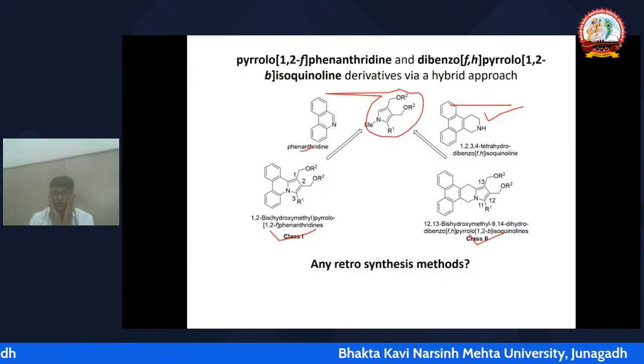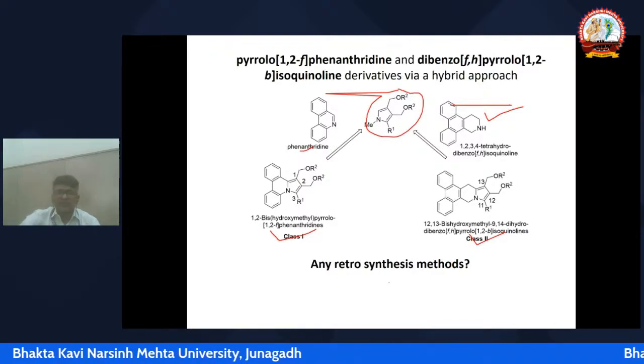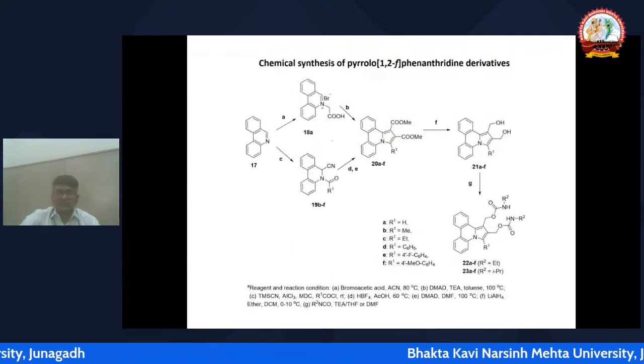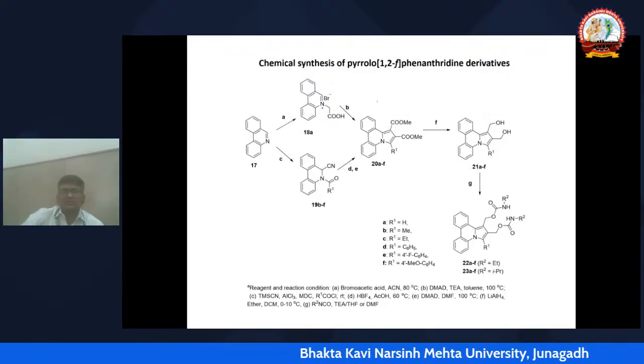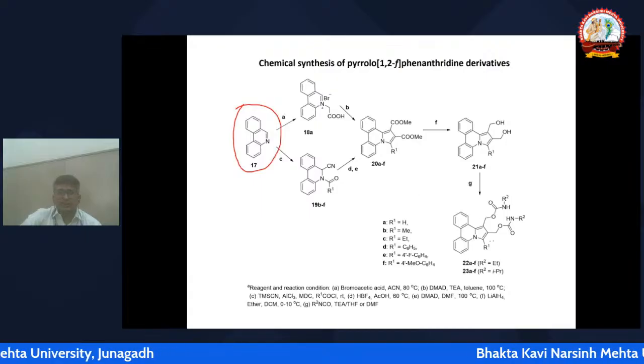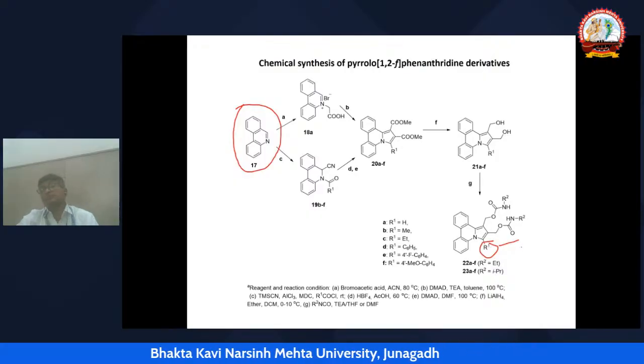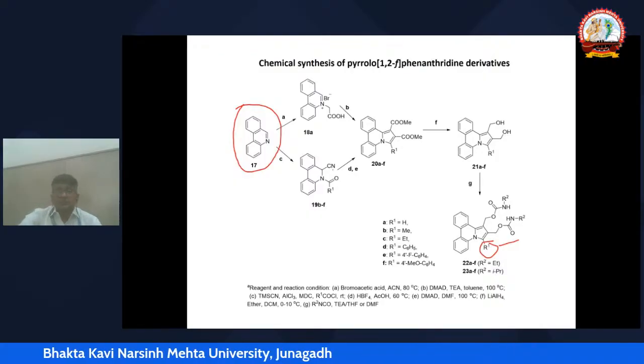So how can we do the retrosynthesis of this? Designing the schemes, for class 1, we have taken phenanthridine as the starting material. Here we require hydrogen as R1 as well as a substitution as R1.